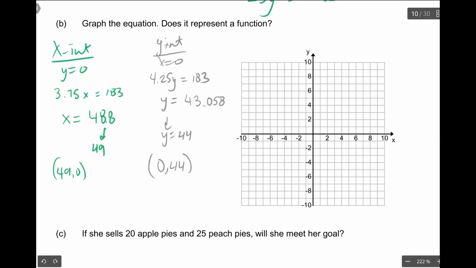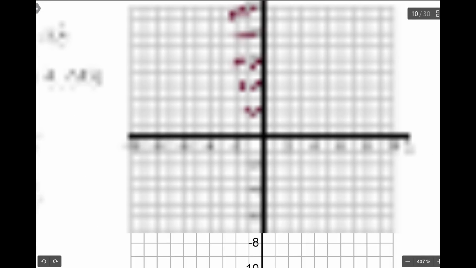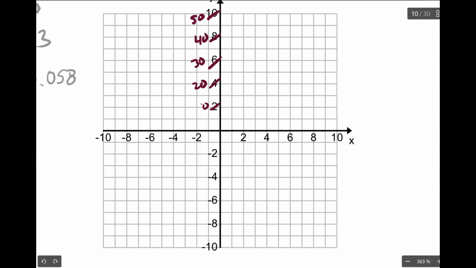So I need to change my numbers. Let's make it 10, 20, 30, 40, 50. And then we've got to go all the way over to 49. So let's say this is 10, 20, 30, 40, 50.